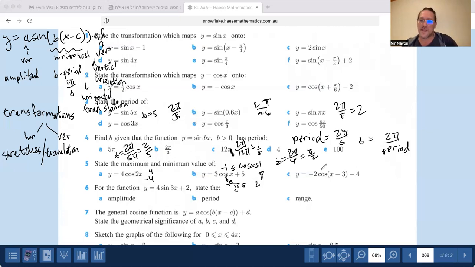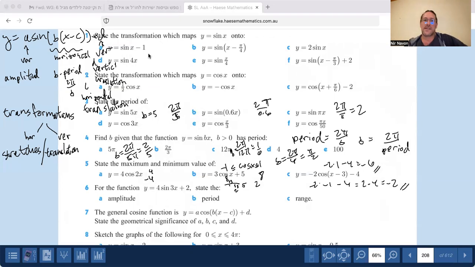Maximum minimum values, again, cosine is maximum at 1, so that is -2 times 1 -4, which is -6, or minimum when it's -1, -2 times -1 is 2, -4, which is -2. So this is actually the maximum, and that would be the minimum. But the values of cosine and sine only range between -1 and 1, and this is where we get the maximum.